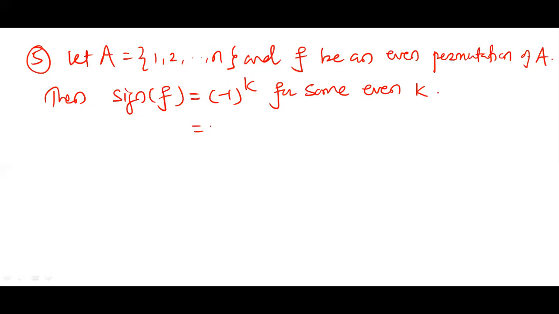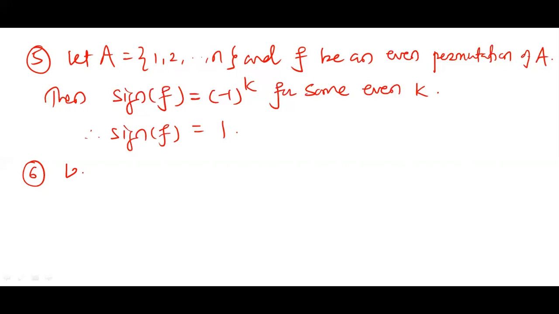Because f is a permutation we can write as an even number of transpositions, and if f can be written as k transpositions, then the signature of f is (-1)^k, here for some even positive integer k. Therefore, the signature of f is 1.